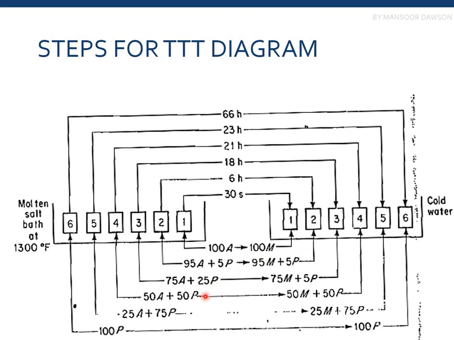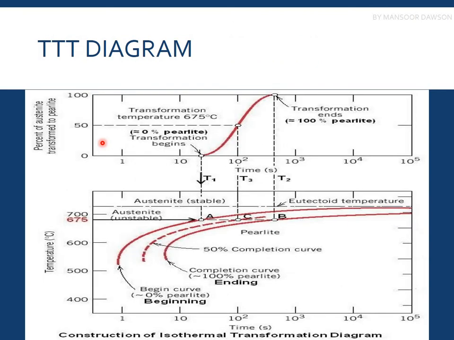And these are certain compositions in which we are heating the material for a certain time, for 30 seconds, for 6 hours, for 18 hours, for 21 hours, and it goes on. And we cool it down, some in a molten bath of certain degrees Fahrenheit, or some in cold water. So we are doing annealing, we are doing quenching, and we are doing normalizing as well. We are doing all of this practically, and after this we achieve this TTT diagram.